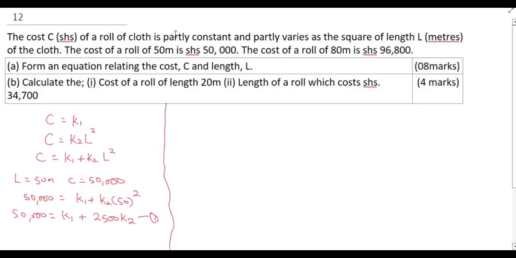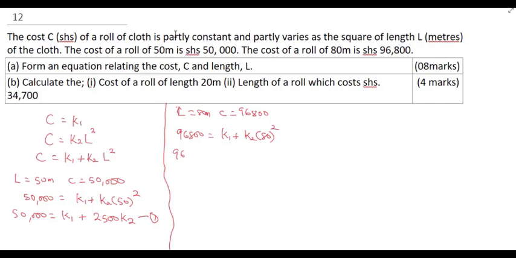So now the second one says L is equal to 80 meters and C is equal to 96,800. So I'm going to do 96,800 is equal to K1 plus K2 all multiplied by 80 squared.